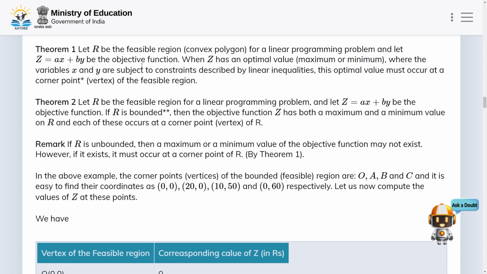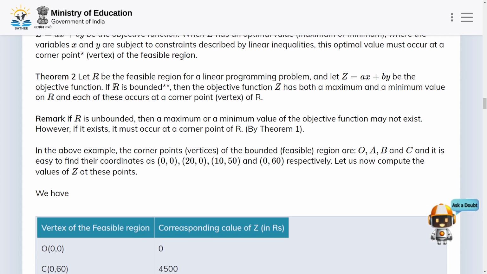Clear? So whenever you have a feasible region, a convex polygon, the essence of this theorem is that the optimal value is at a corner point or vertex of the feasible region.